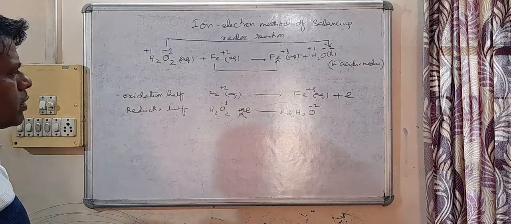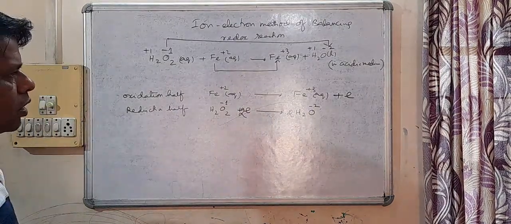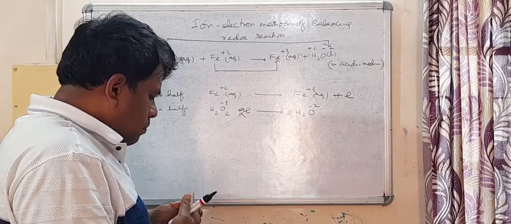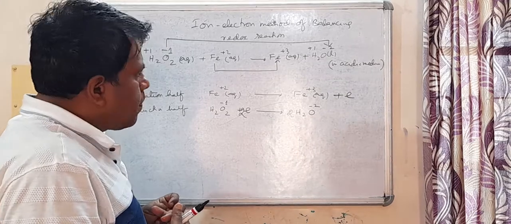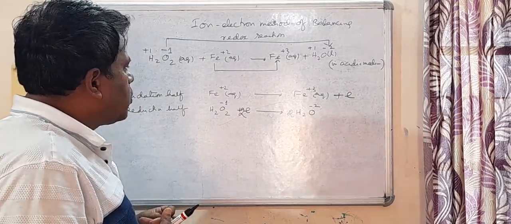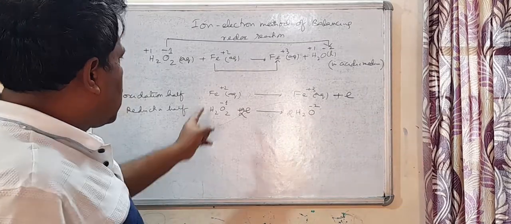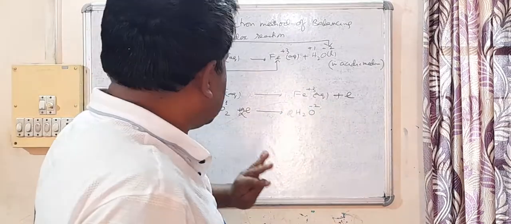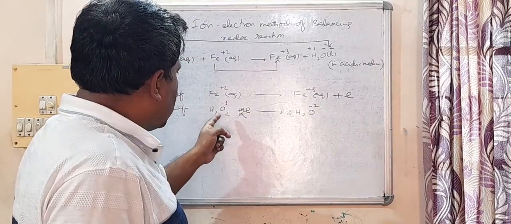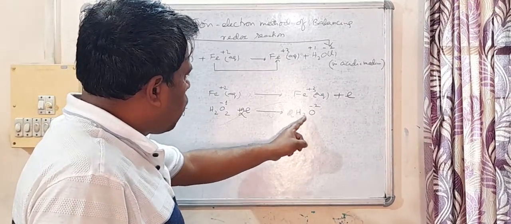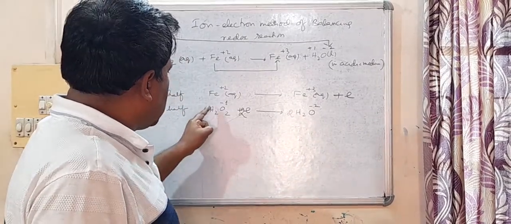Now as before, we balance first for oxygen. Oxygen is already balanced here, then we balance for hydrogen. In this case, how many hydrogen?